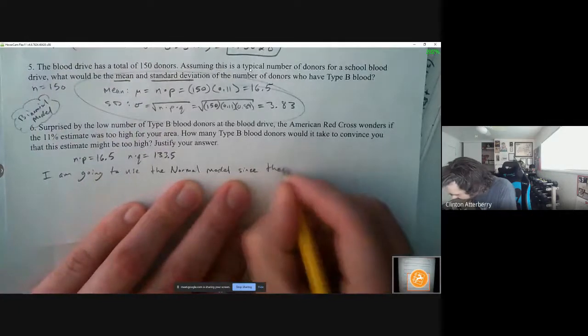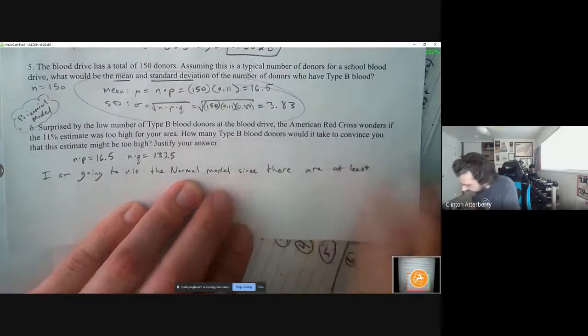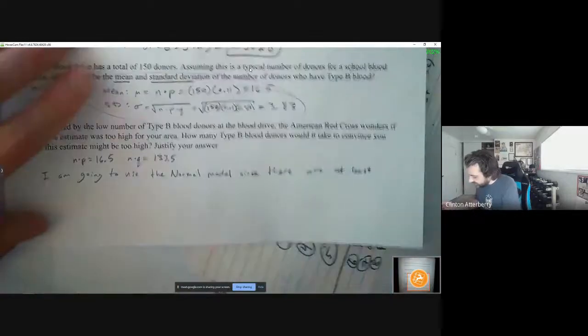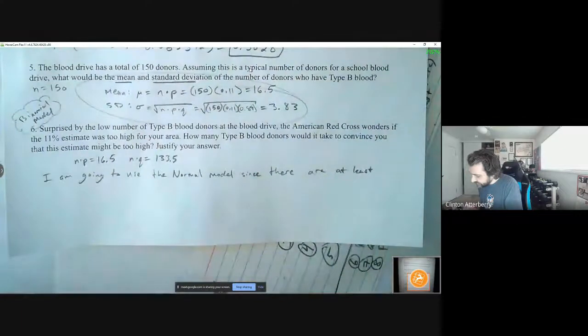there are at least 10 successes and 10 failures. I'm just going to say it like this, but just know we're making a prediction here, okay?